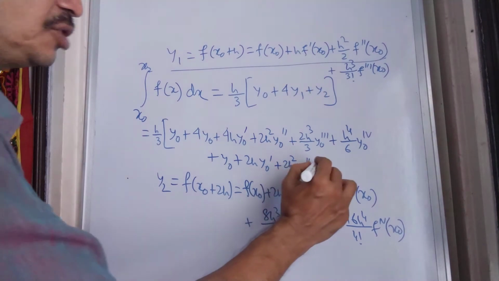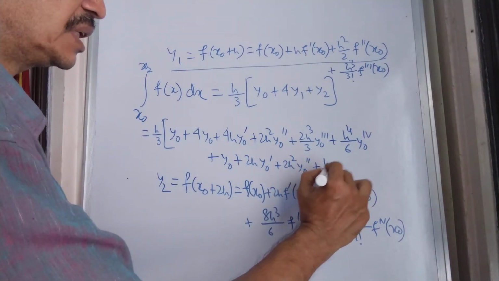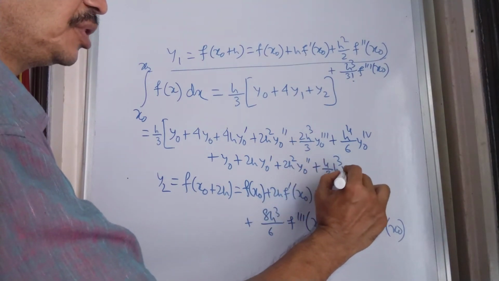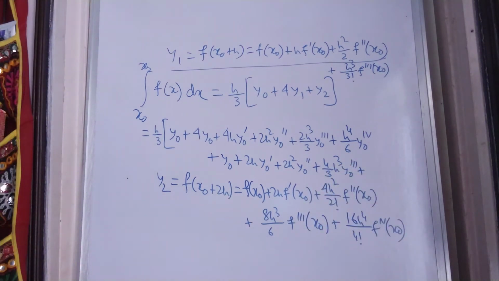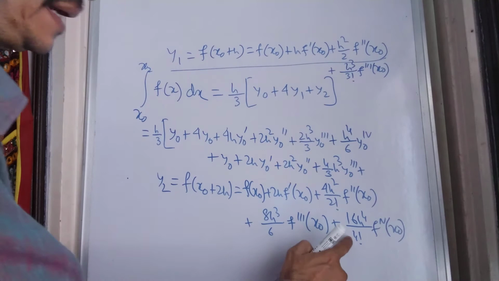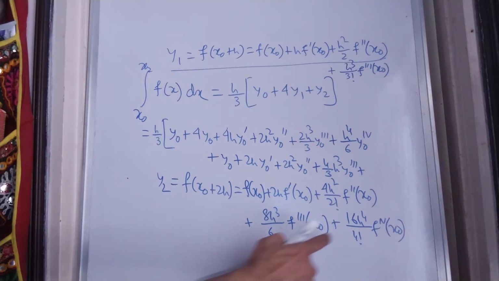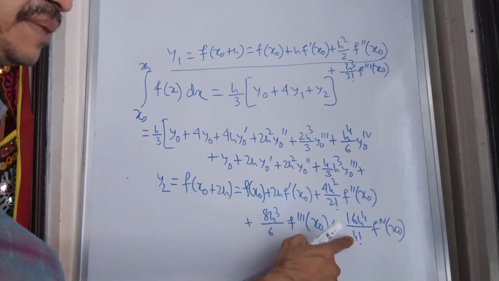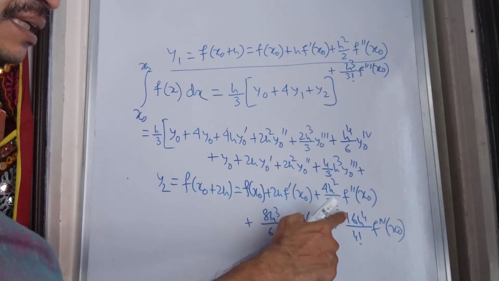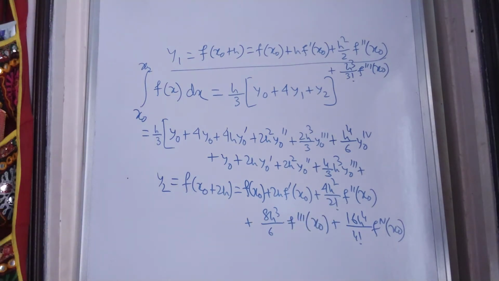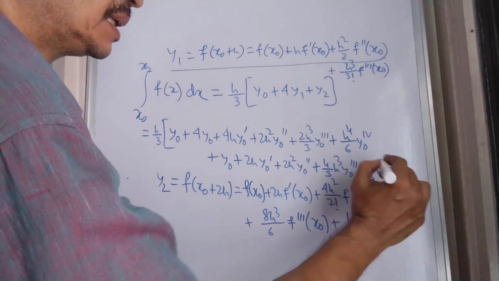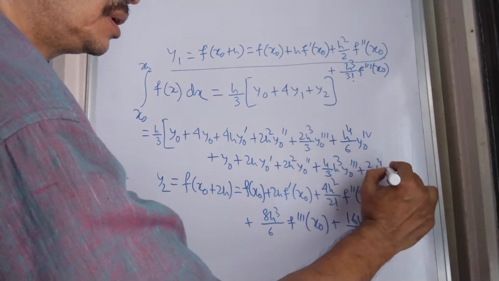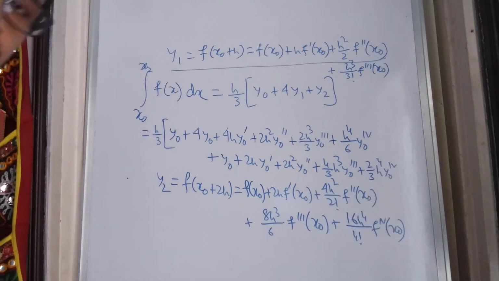So we have 4/3 h cube y0 triple prime here. And then we have factorial 4 and this is 16. Factorial 4, we should remember, is 24 and this is 16. So when divided with 8, it becomes 2/3 h to the power 4 and y0 4.